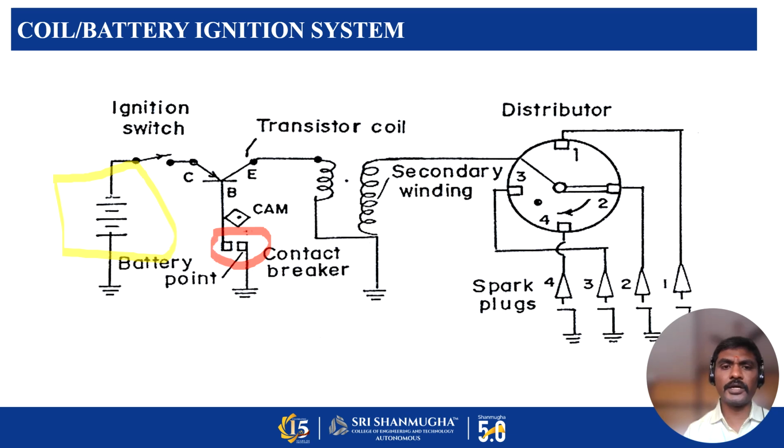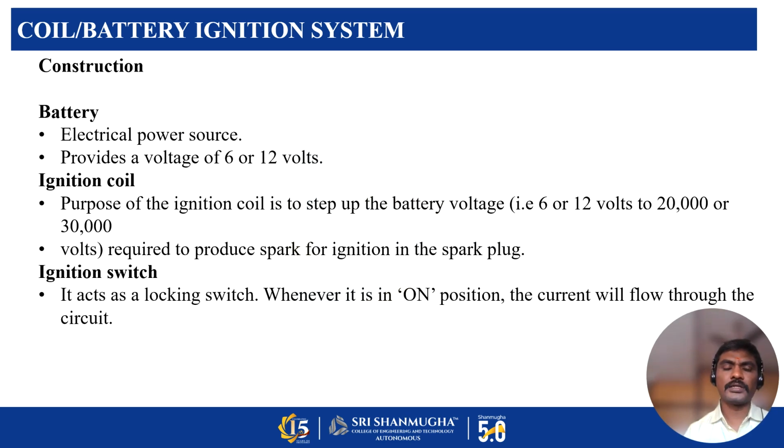There are two windings, primary winding and secondary winding. The primary winding is thick wire and the secondary winding is thin wire that will be connected to the distributor. From this distributor, the high voltage will be distributed to each cylinder for making the spark. So this is the schematic arrangement and construction of the battery coil ignition system.